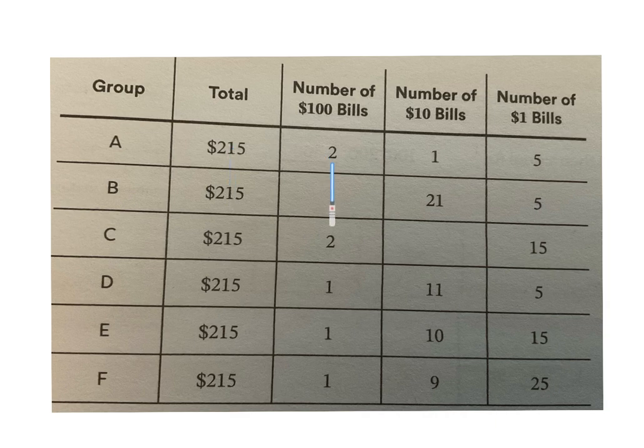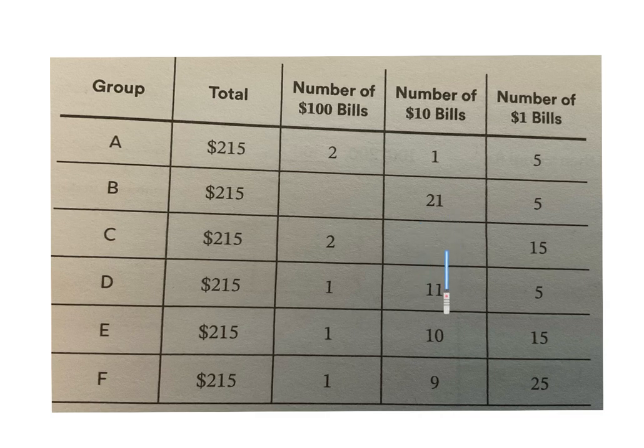You can have 2 $100 bills to make $200, 1 $10 to make $10, and then 5 singles to make $5. You don't even have to have $100 bills. You could have 21 $10 bills to make $210 and have that extra $5 to bring it to $215.